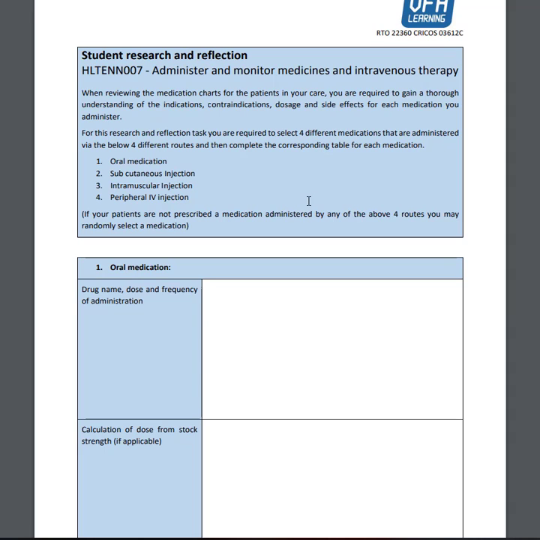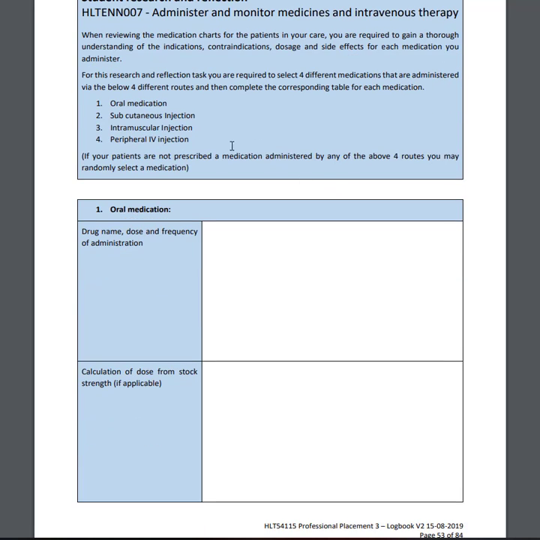You're encouraged to use the medications in your patient's drug charts, because obviously you'll be researching those and ensuring that you understand these indications, contraindications, appropriate dosing, that kind of thing anyway. If you do not happen to have a patient with a peripheral IV injection, you can choose the IV medication yourself, but we would prefer that you refer to the patient drug chart of those that you're looking after.